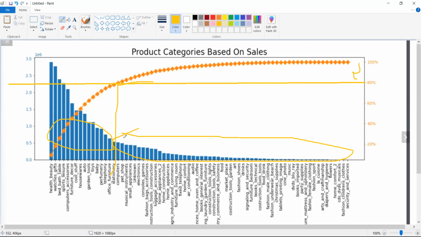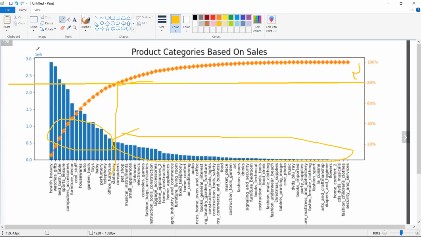So this graph again you can draw. Here we're drawing a bar graph and a line graph, both together in one graph. That is what we have in a pivot chart. When you draw a pivot chart, it is basically a line graph and a bar graph. So it has two axes, primary axis and secondary axis.